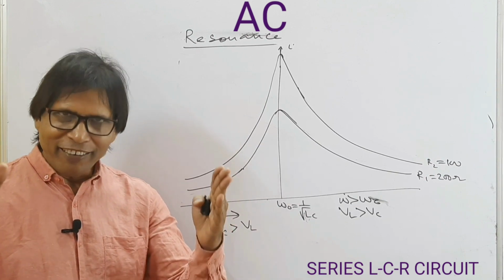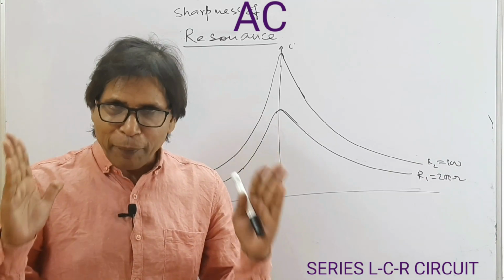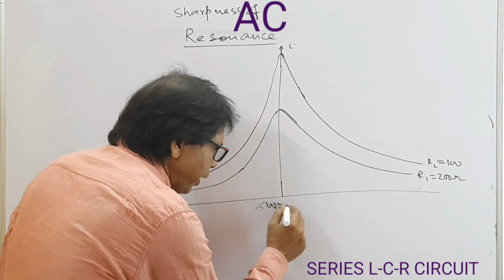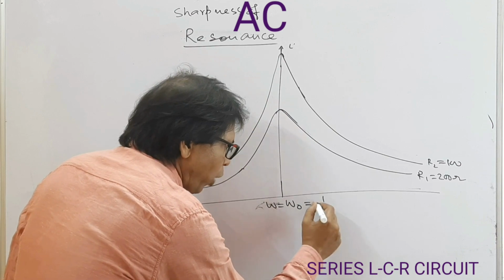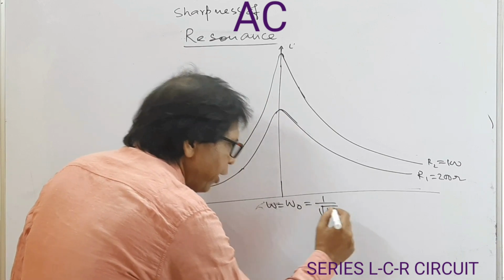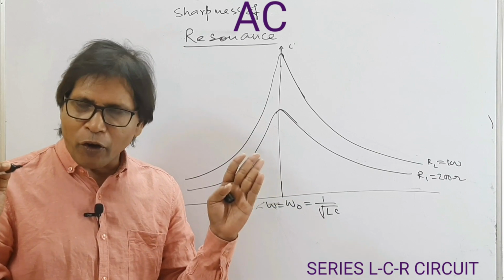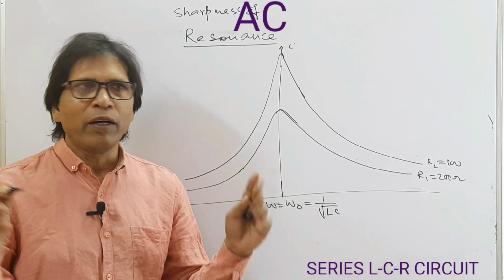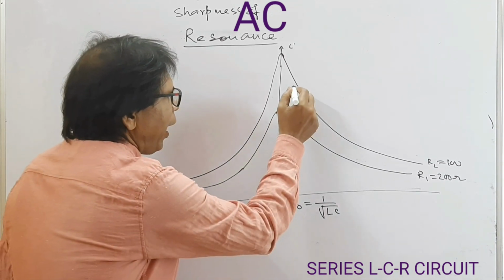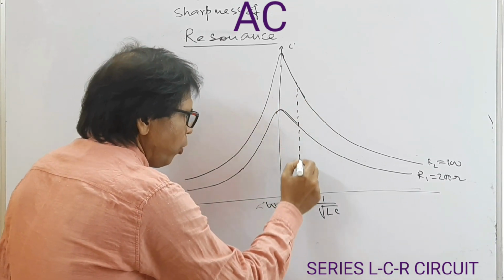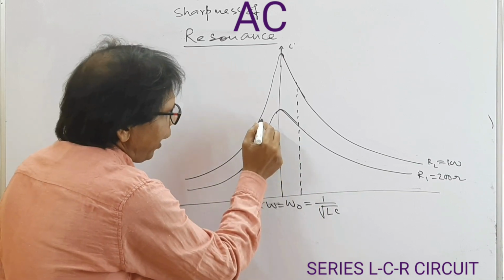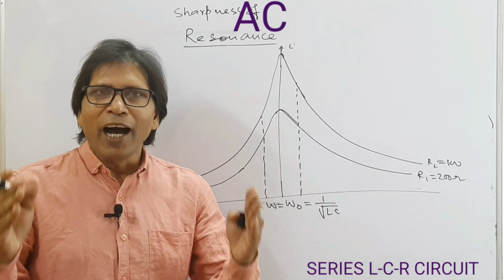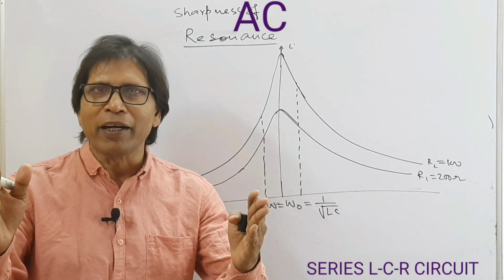Okay. Now next, sharpness of resonance. Look at this. At omega equal to omega naught equals 1 by root under LC, the resonance occurs and power becomes maximum. Now look at this, at certain frequencies more than omega naught and less than omega naught, the power becomes half of the maximum power.